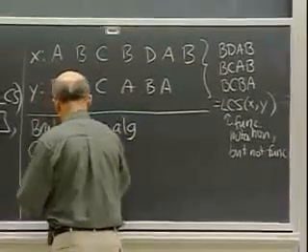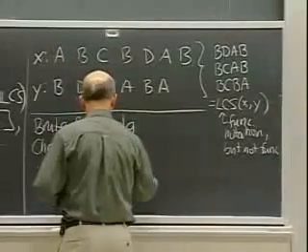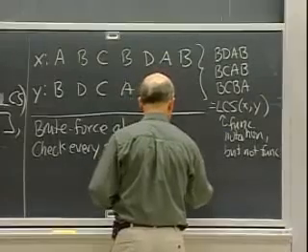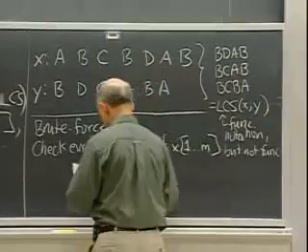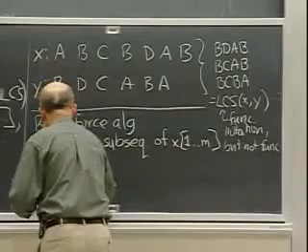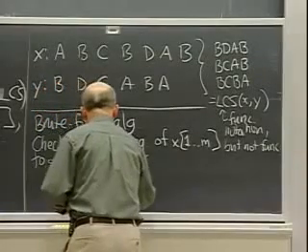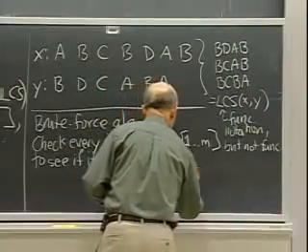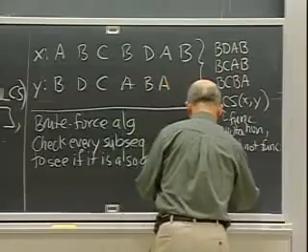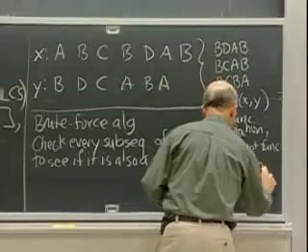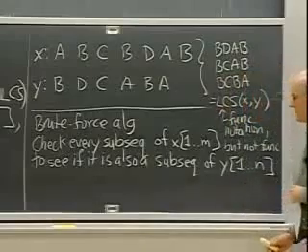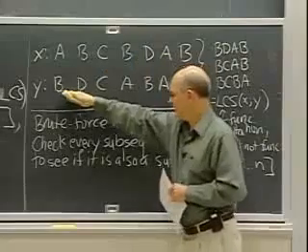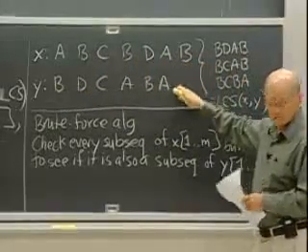And that is, let's just check every subsequence of x from 1 to m to see if it's also a subsequence of y from 1 to n. So just take every subsequence that you can get here, check it to see if it's in there.